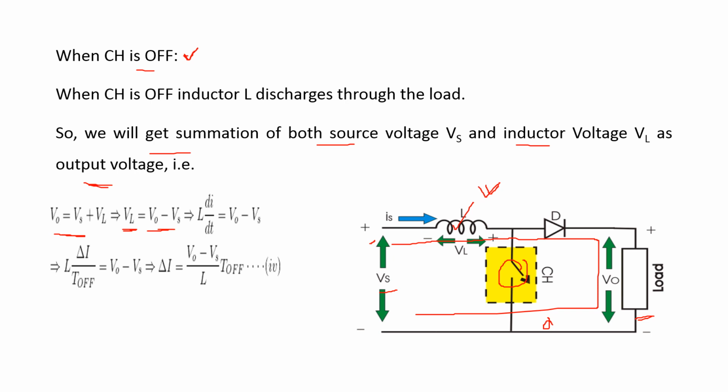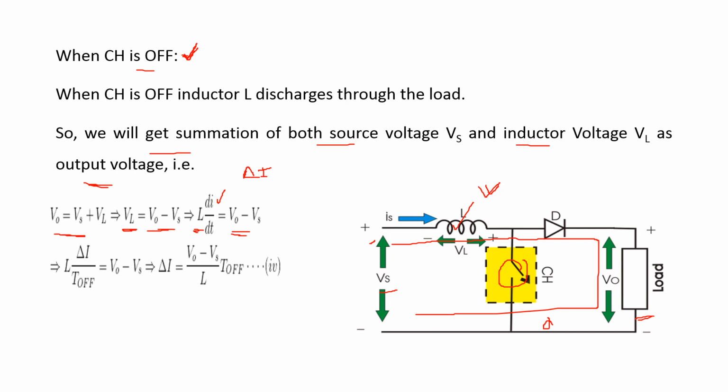Again, we know the formula for inductor voltage, that is L into di by dt, which is given as V0 minus Vs. Again, in place of di we substitute delta I, and in place of dt we consider the off time. Why? Because this case is during the off state of the chopper.